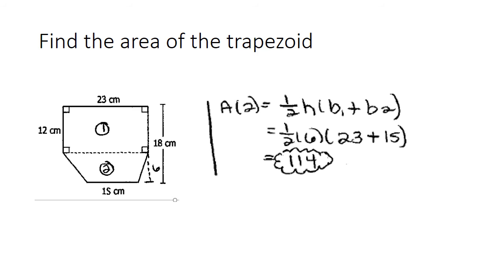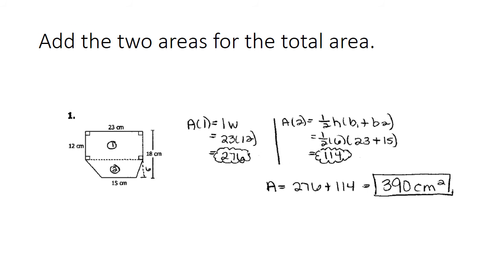Out of that 18 centimeter height, 12 of it is the rectangle, so that would leave 6 for the trapezoid, and that 6 is going to serve as the height. So we're going to plug those numbers in, 1/2, 6 times 23 plus 15 to get a total of 114. We've got 276 for the rectangle, 114 for the trapezoid. We add those two numbers together and we get a total of 390 centimeters squared.